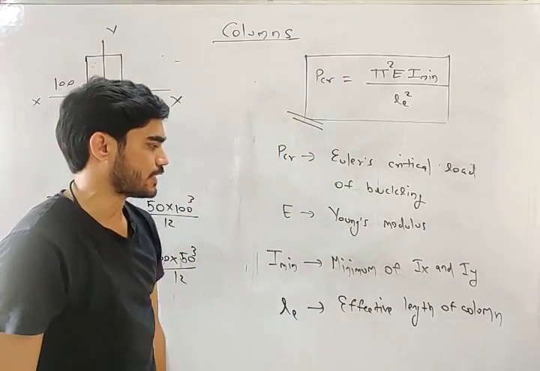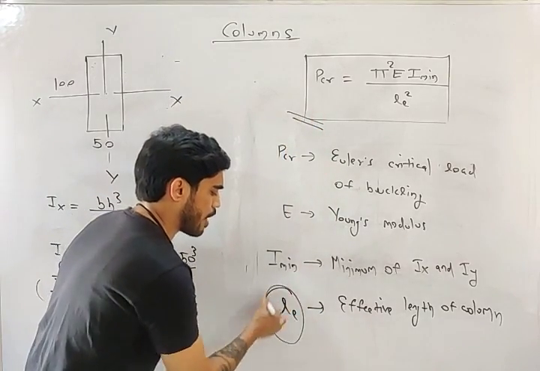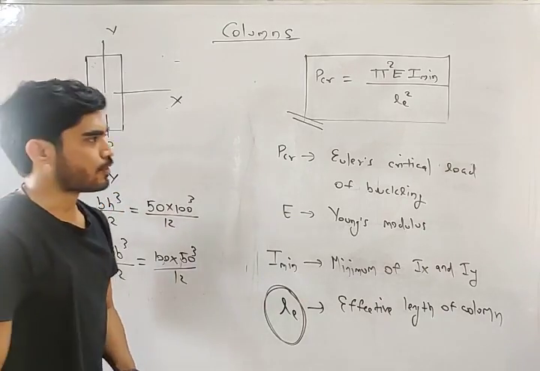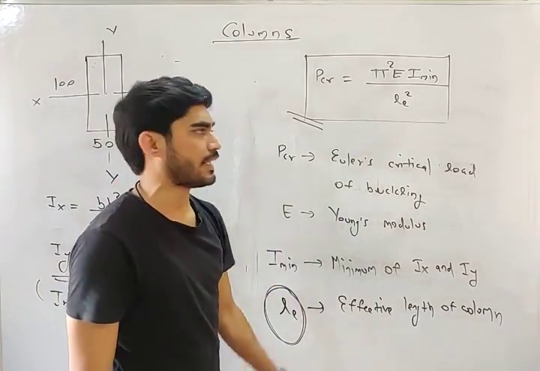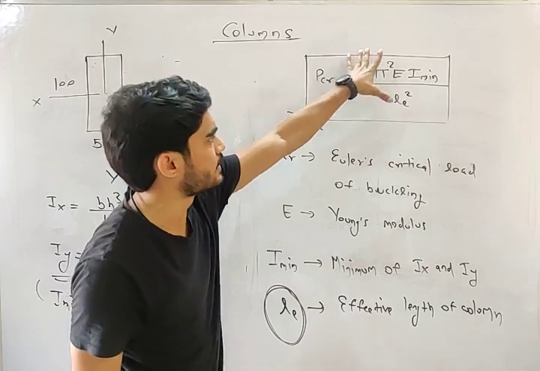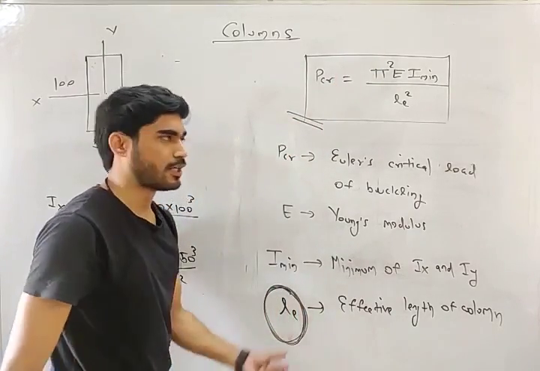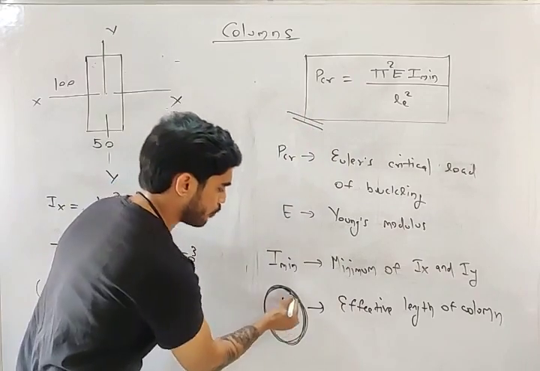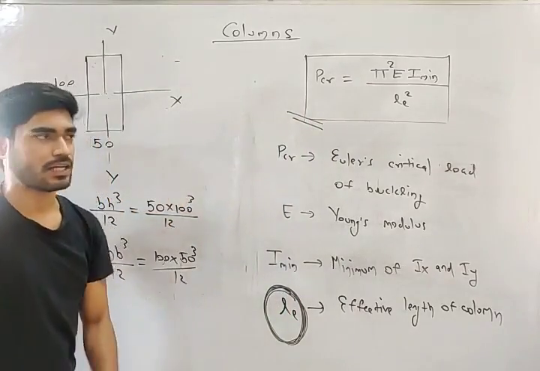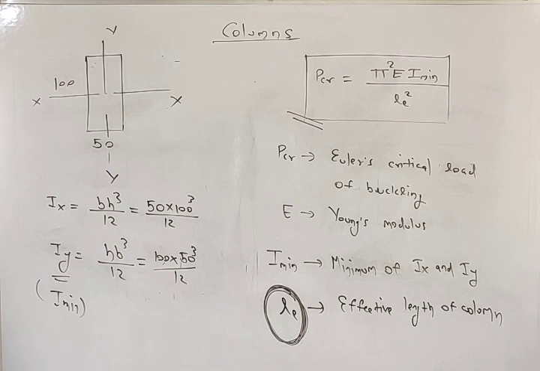First note this equation down, and then we will talk about effective length of column, because this is the most important parameter in this equation. In order to use this equation, you have to understand this parameter LE.